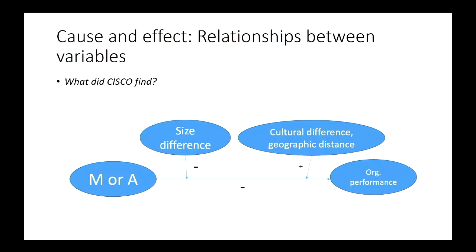But this particular variable, size difference, has a negative influence on this negative relationship, which means it has a positive influence. Does that make sense? It's double negatives, which means positive, right? When it reduces the negative effect of mergers and acquisitions on organizational performance, it means it actually improves performance of mergers and acquisitions, right? Does that make sense?